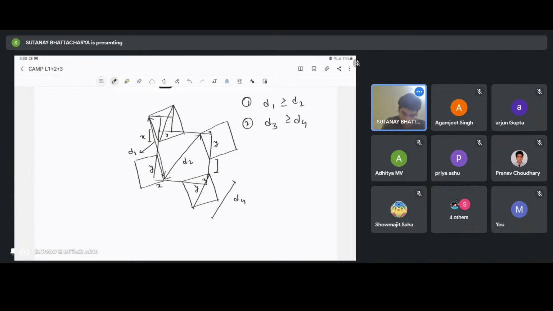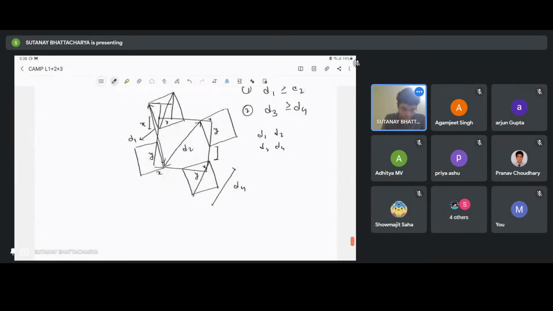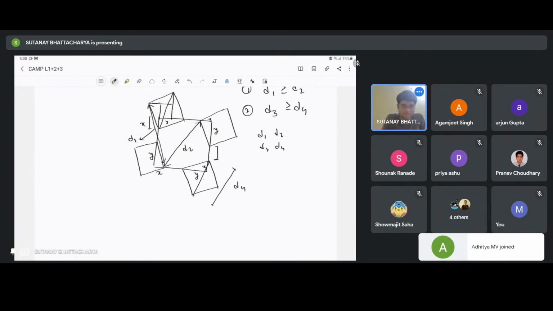Now, can someone calculate the expressions for D1, D2, D3, and D4 in terms of X and Y? This is a student computation. Let's start with D1.